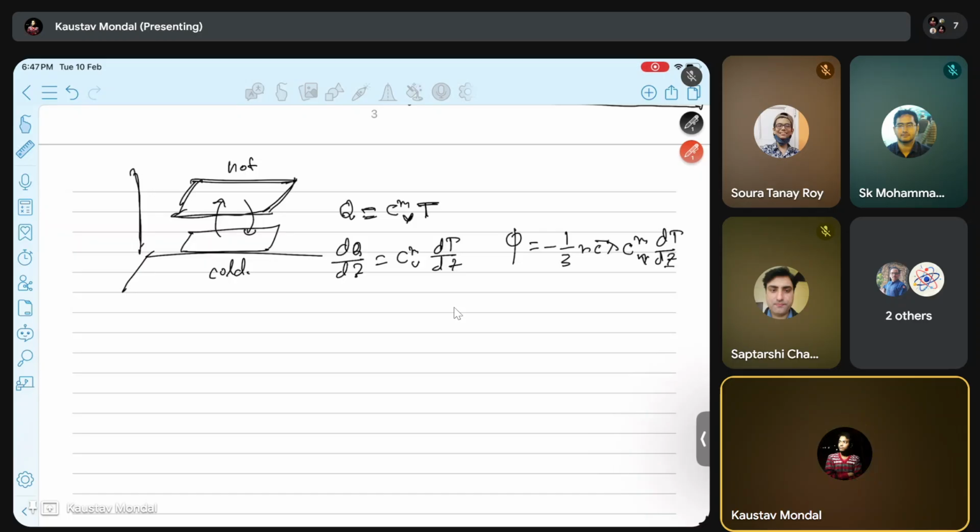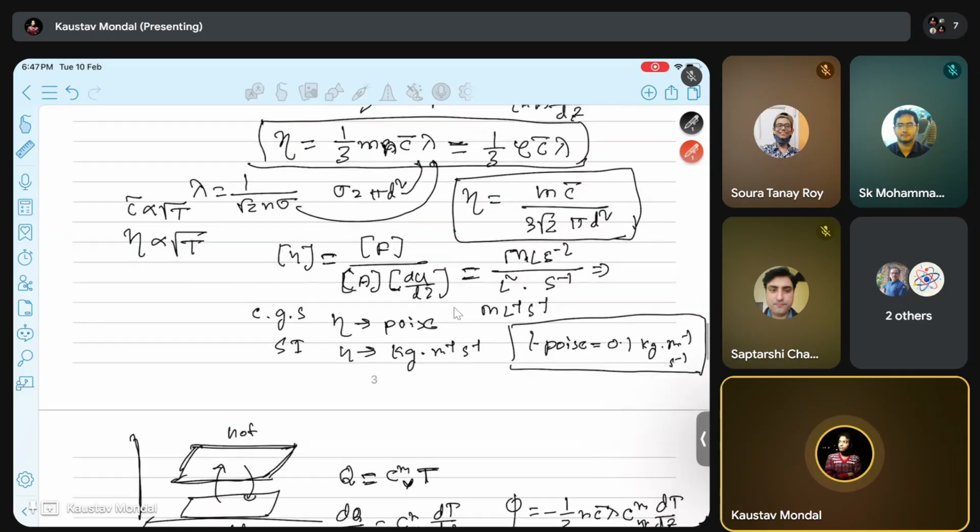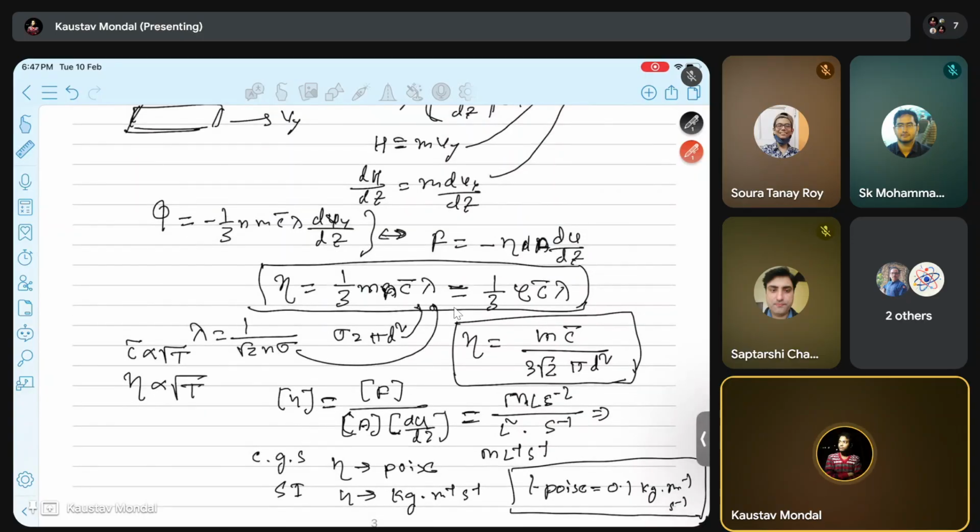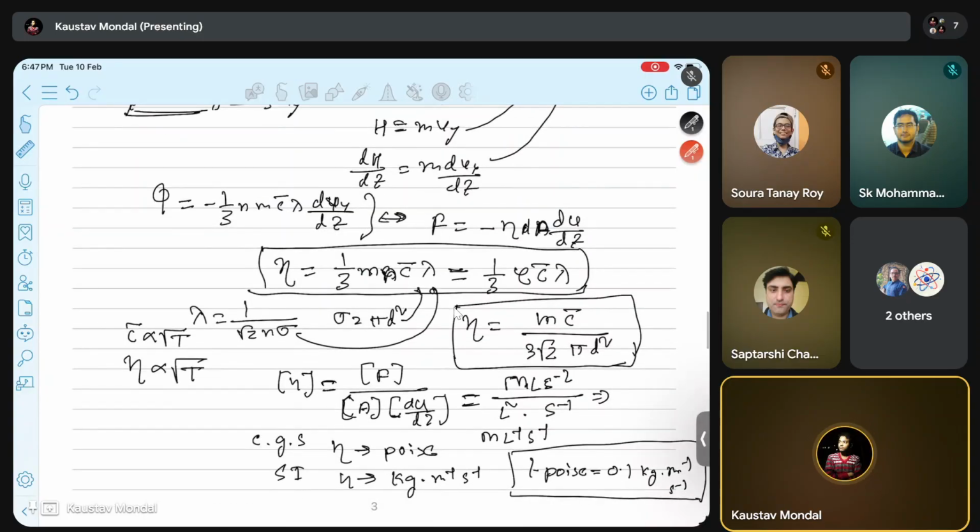Now, in a similar way, previously we compared it with Newton's viscous force law.